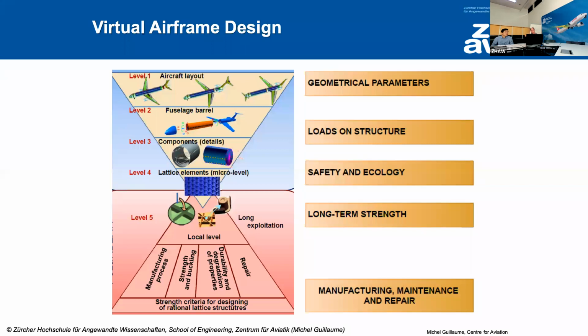We're talking about 25 years of operation, but also manufacturing, maintenance, repair in the beginning. One thing you don't need to forget is the tolerances. If you build an aircraft or every product, you need to address tolerances. Some parts need to be replaceable, interchangeable. That's quite important. That's hands-on experience. So the question is how we can bring that experience into virtual design. I think that is a real challenge.